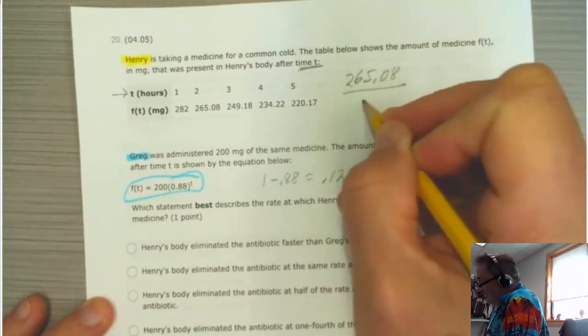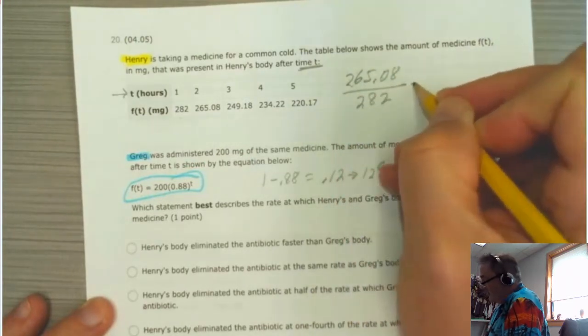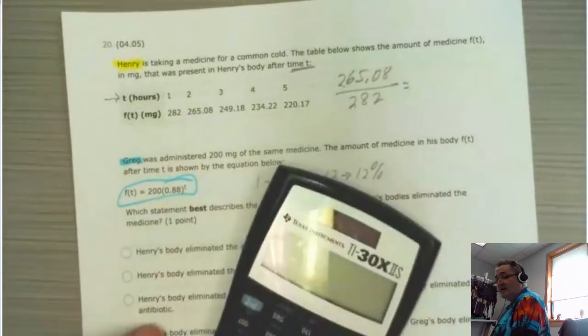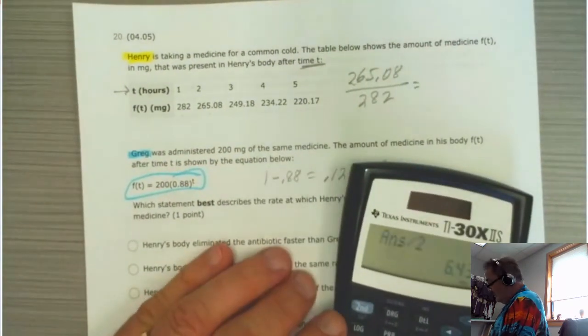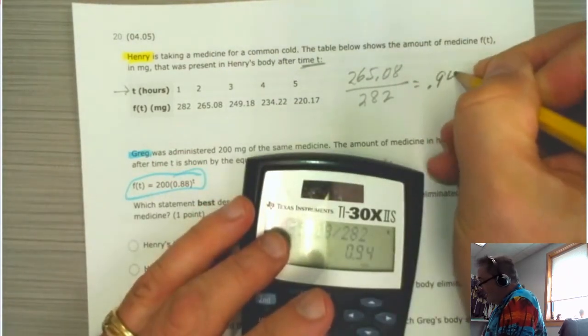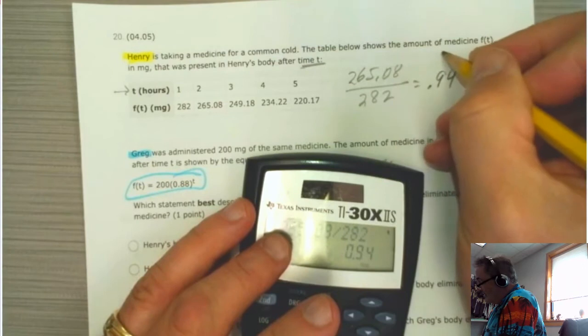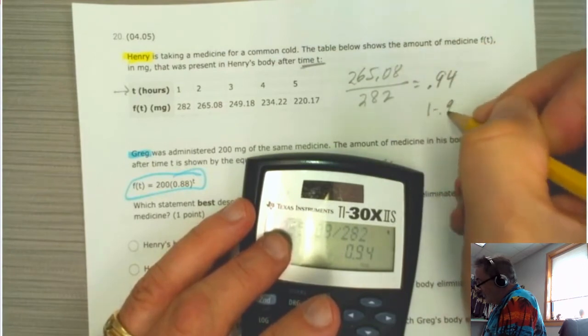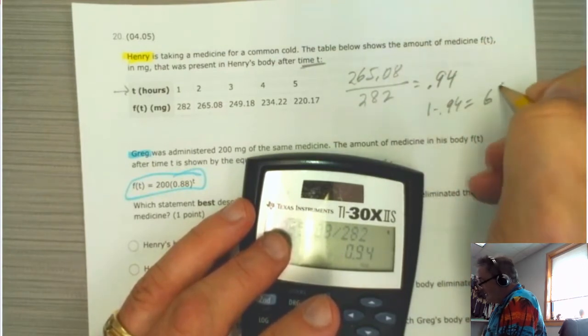It was 282 the hour before. So let's pull out our trusty calculator: 265.08 divided by 282 is 0.94. He's got 0.94 left, which means if you subtract that from 1, he's losing 6%.